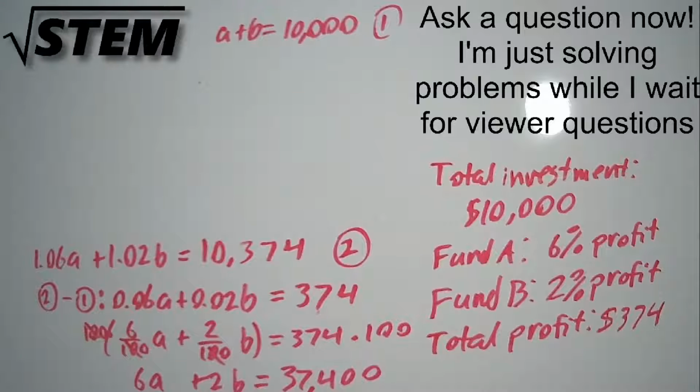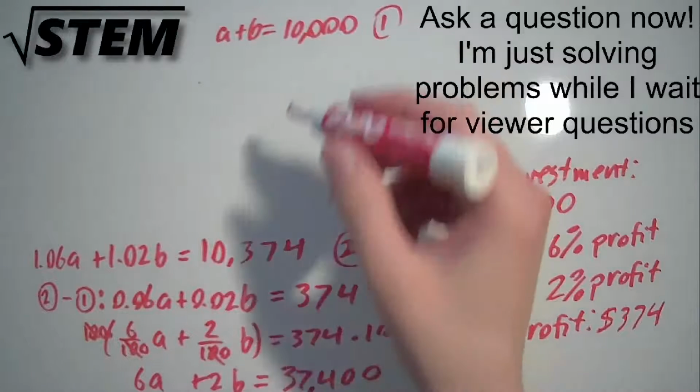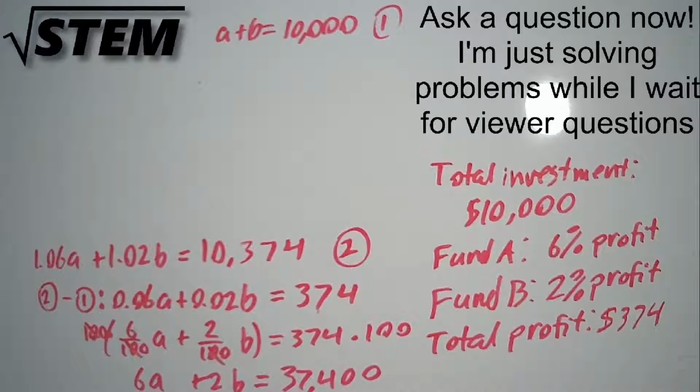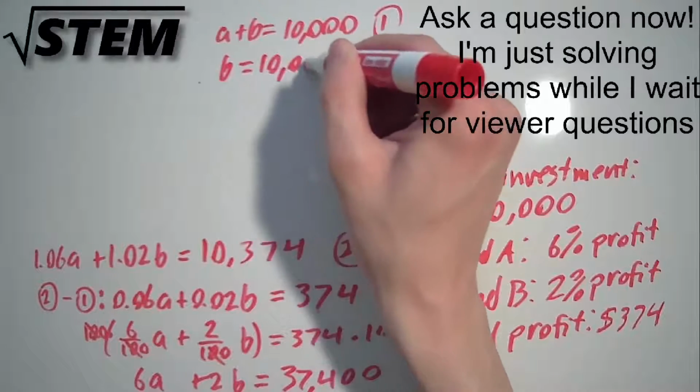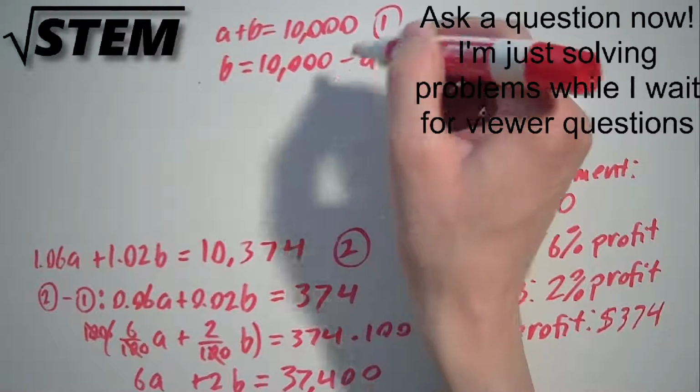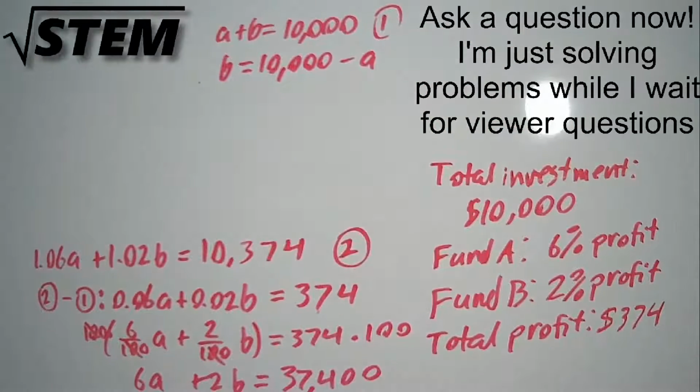Okay, 6a plus 2b is 37,400. Also from equation 1, let's go ahead and solve for b. So b is equal to 10,000 minus a. Let's take that and put it into this equation 2 that we have.